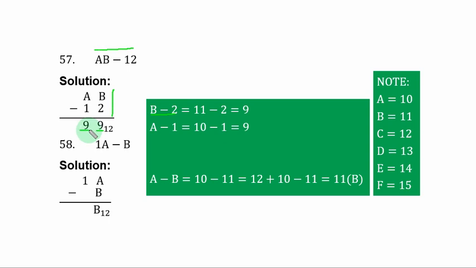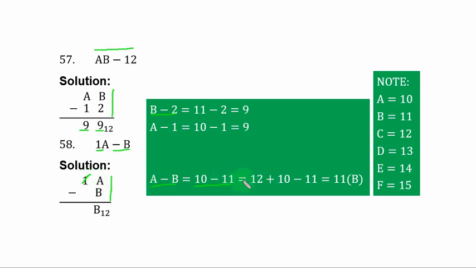Example 58. You have 1A minus B. This is the arrangement for subtraction. The first column, A minus B, that is 10 minus 11, cannot. You borrow this 1 you have from here, nothing is there.